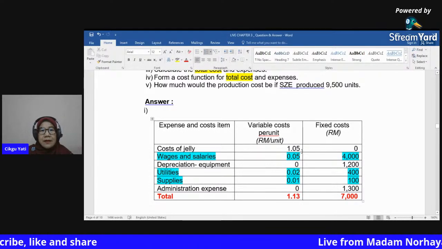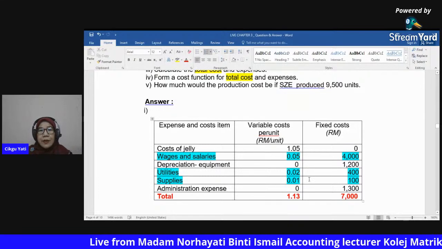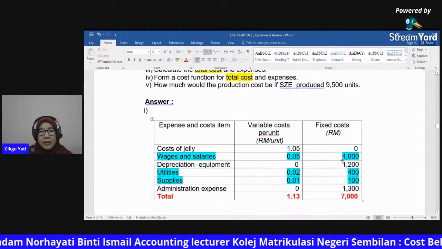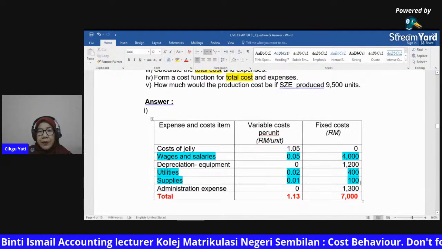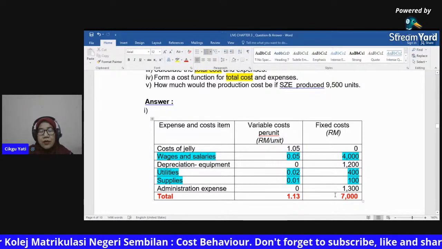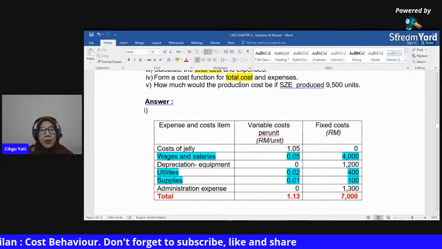You must add all these variable costs for each item. And for fixed costs, you must add these 5 items, and you get the total cost. You must know from the question they want the amount for total cost.